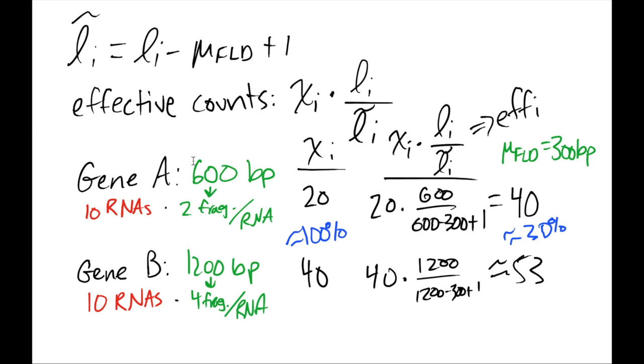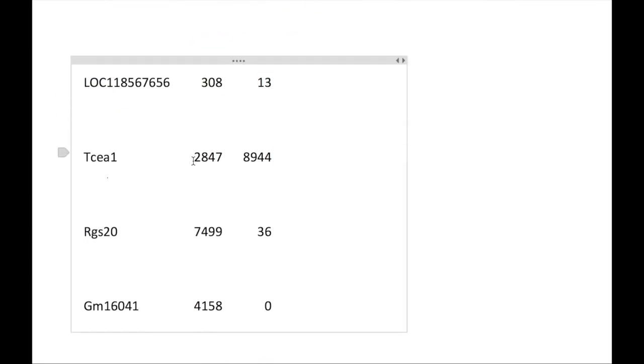Now I've got a few more examples involving some murine genes. Those are genes that come from a mouse. It's also important to note that for this example, I am going to use a different mean fragment length. This time it's going to be 400 base pairs. I'm also going to define these columns. So this second column is the length of these genes.